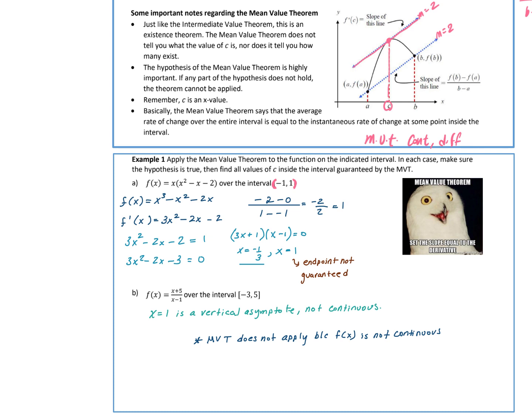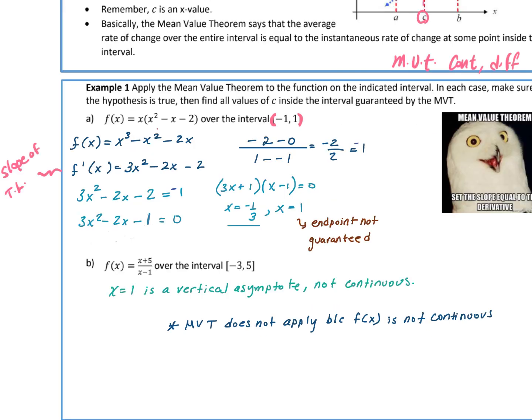So I'm going to find the derivative. I distribute. So here we go. So we get this function, just derive it. So it's 3x squared minus 2x minus 2. That's the slope of the tangent line. So this is the slope of... All right, so I just realized a mistake over here, so I went ahead and fixed it. But this was correct here. So basically, it's the slope of the tangent line. So this is definitely the slope of the secant line.